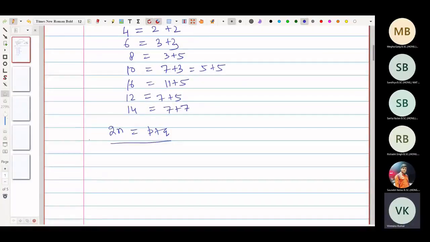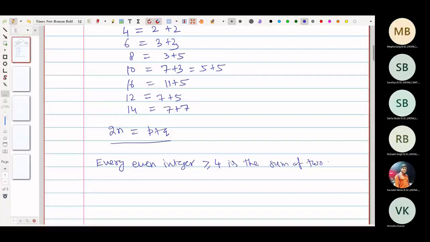So let us see the statement of this conjecture. It states that every even integer greater than or equal to 4 is the sum of two primes.